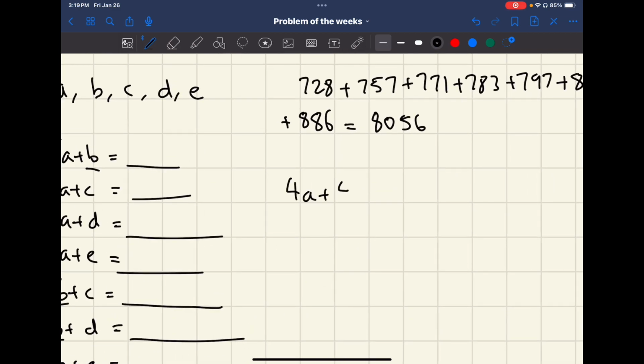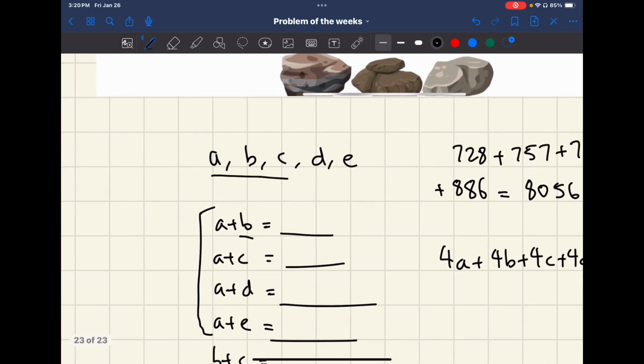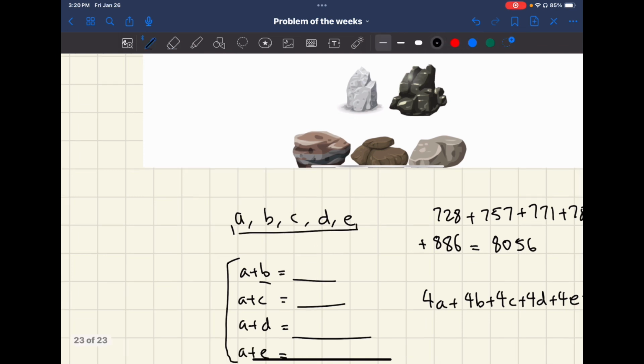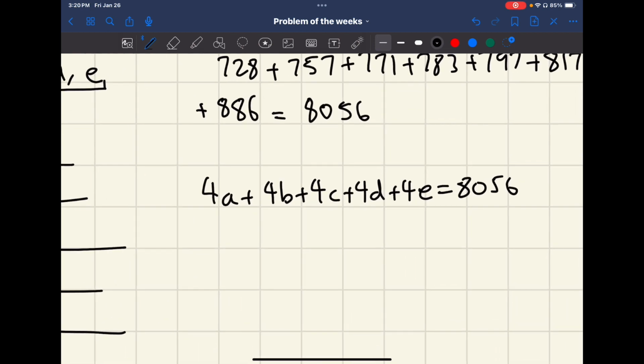So basically, 4A plus 4B plus 4C plus 4D plus 4E equals 8,056. And oh yeah, A, B, C, D, E, these represent the masses of the rocks. So each of these letters represents the mass of one of the rocks. Sorry, I forgot to mention that at the start.